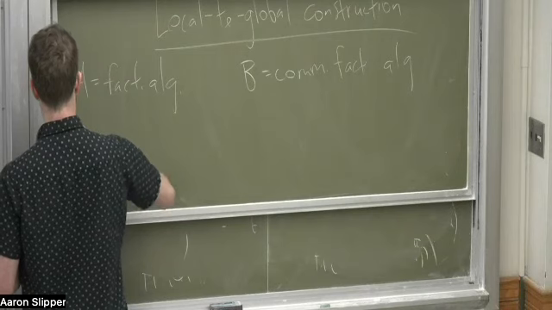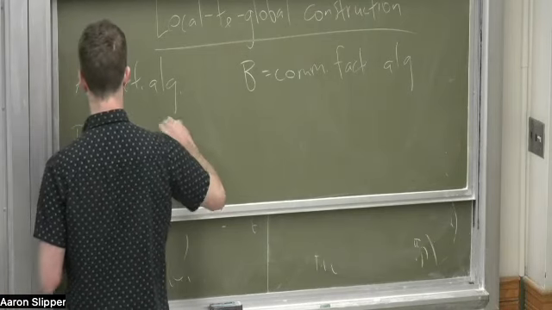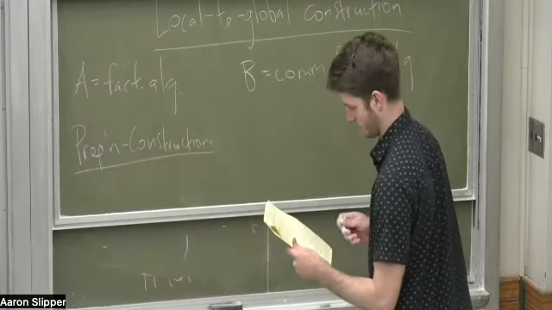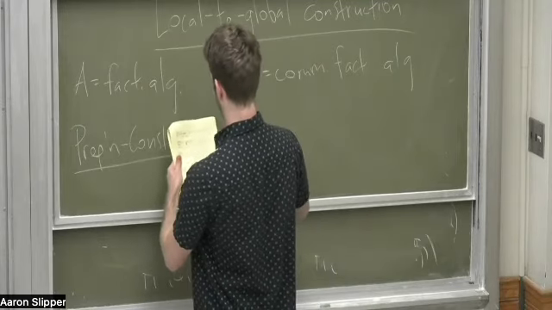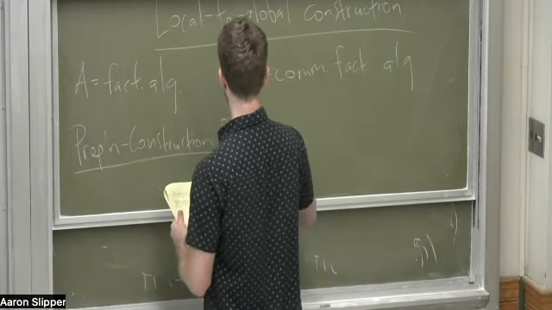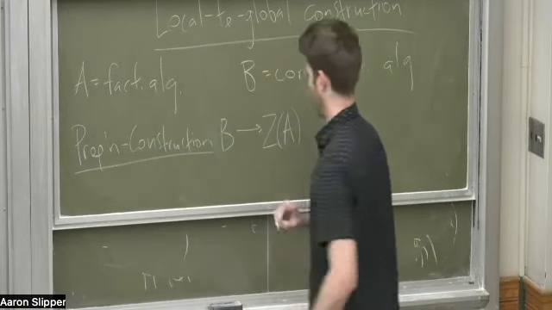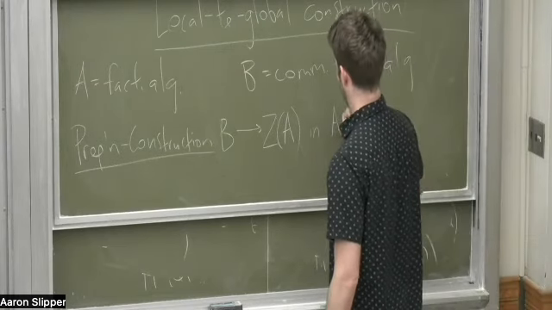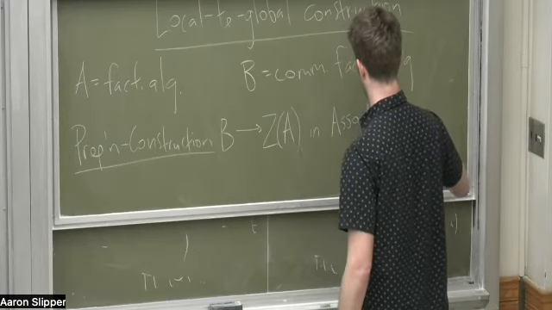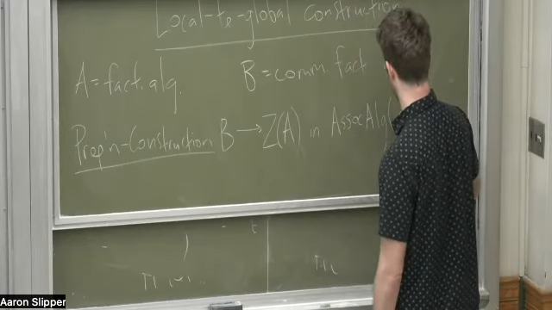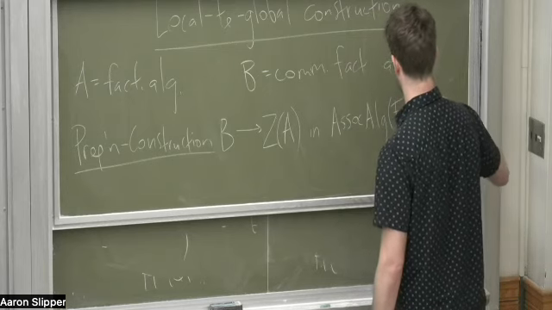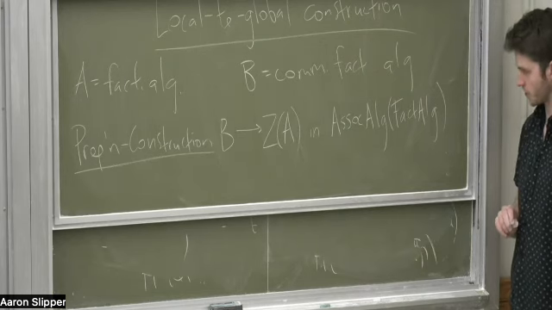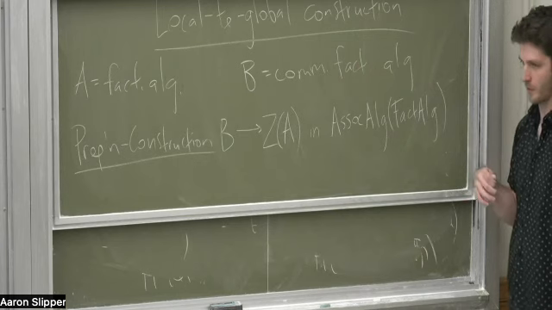And again, this is a proposition, but it's really more of a construction, doing a construction rather than stating a fact. So if I give myself the following data: a homomorphism from B to the center of A, and I want it to be a homomorphism of associative algebras with respect to pointwise tensor product, and also compatible with factorization. It lives in this context. Okay, so you can call this a central homomorphism from B to A or something like that.